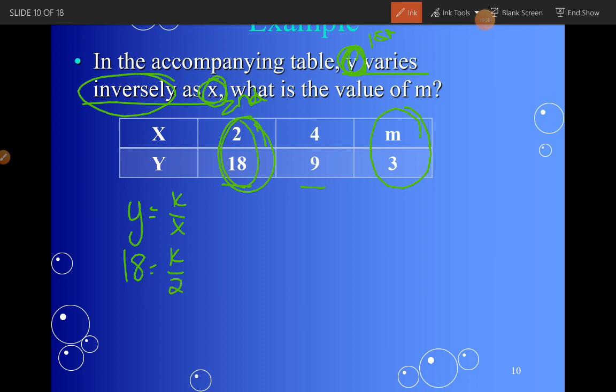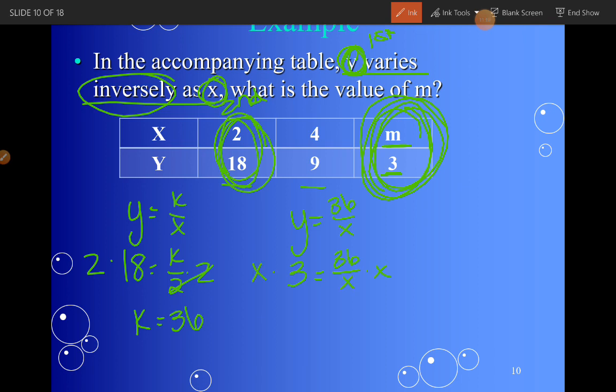Again, I'm just grabbing these from that table. Multiply both sides by 2, and I get k is equal to 36. So now that I have my equation, y is equal to 36 over x, I'm going to go for what I'm missing here. So I am missing this m, which is an x value, and the y is 3. So I'm going to plug in 3 for y.